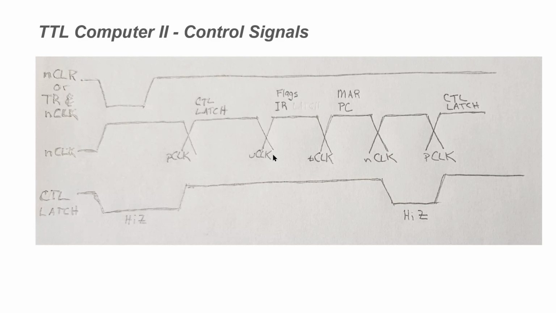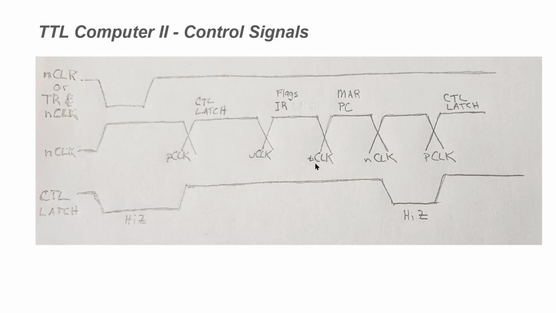Now the P clock is ending and the U clock phase is starting. Here, the flags in the instruction register, any changes will be clocked in. This is going to again affect the EEPROM and start that 150 nanosecond delay. But we don't care about that because our control latch is locked high.